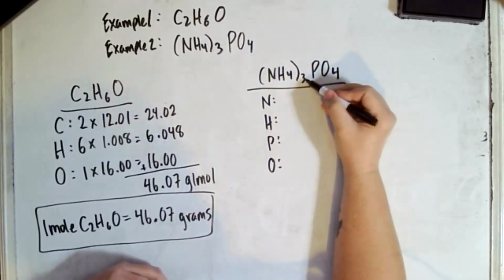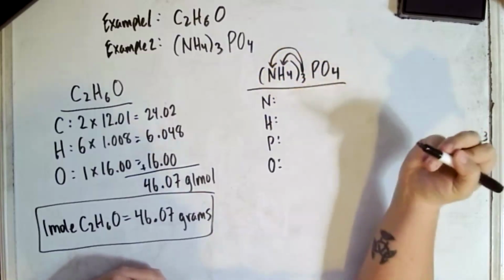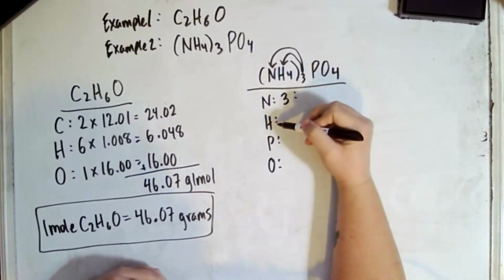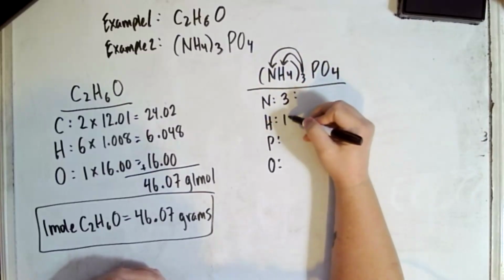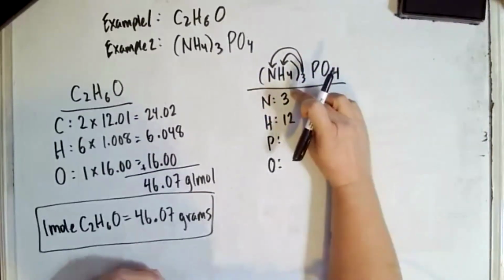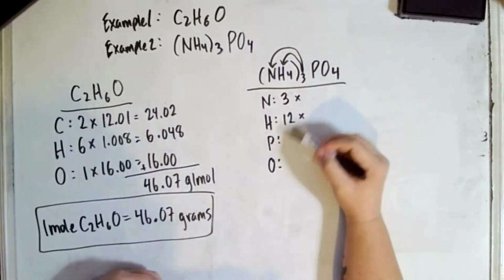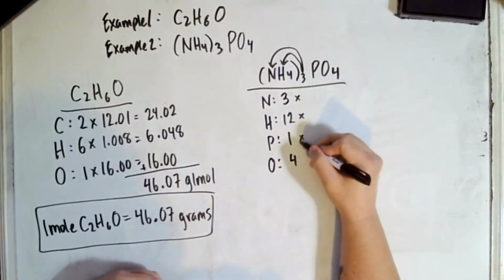So for our nitrogens, because the 3 is outside the parentheses, we know that it's going to apply to both things in the parentheses. So we're going to have 3 nitrogens. For our hydrogen, we're going to have 4 times 3 total, which is going to be 12. We have 1 phosphorus and we have 4 oxygens.